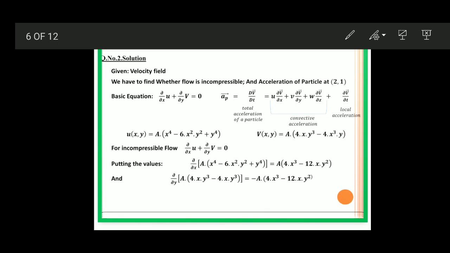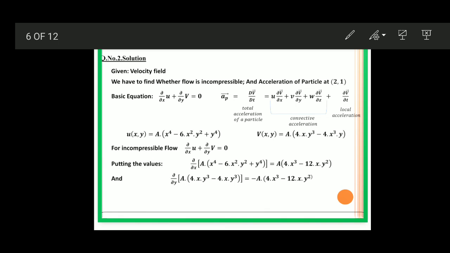The acceleration of the particle, dV by dt, which is the total acceleration, equals u del V del x plus v del V del y plus w del V del z, which is the convective acceleration, plus del V by del t, which is the local acceleration. The summation of the convective acceleration and local acceleration is the total acceleration of a particle.